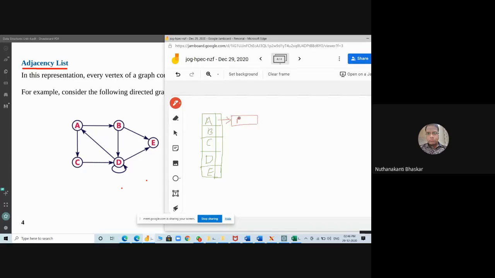Very good. C also there. Other than B and C, is there any other node? No. If it is no, then it is a null. Clear?